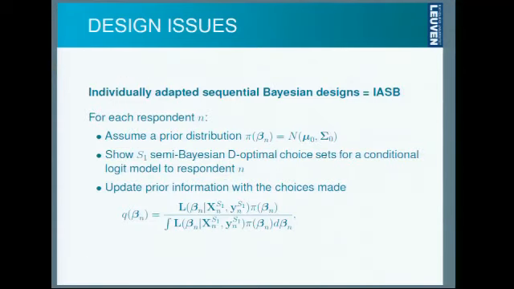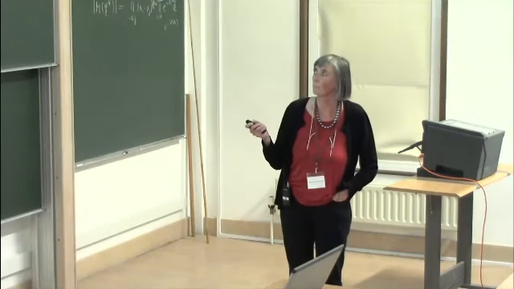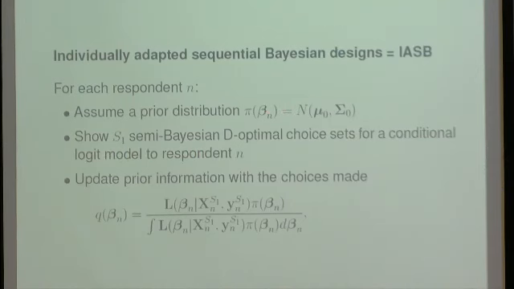So we start from some prior distribution. So this will be some idea about the heterogeneity. Okay. And then we look for a few choice sets that are optimal for the conditional logit model, so the homogeneous model.